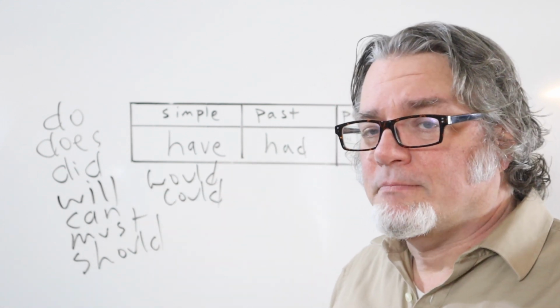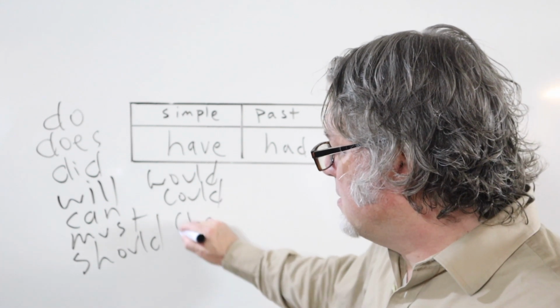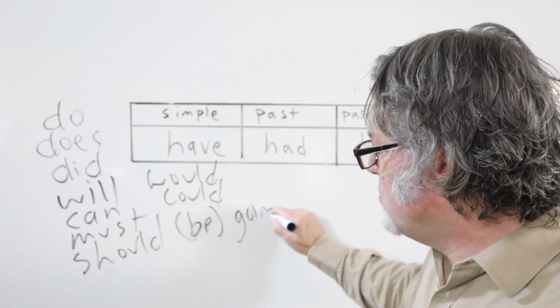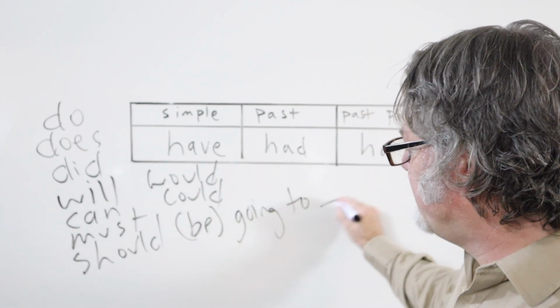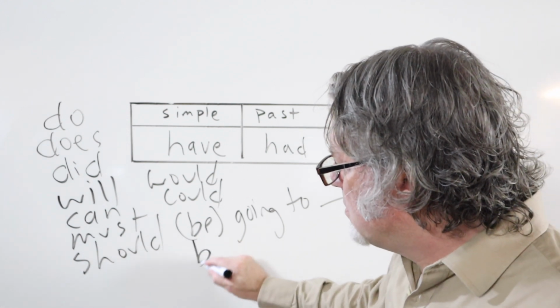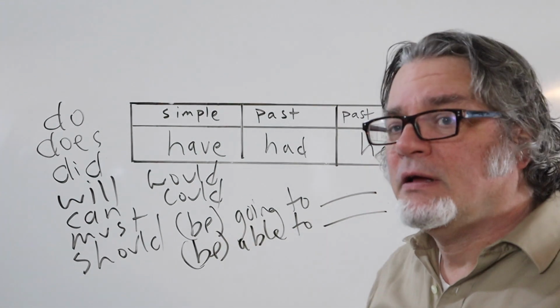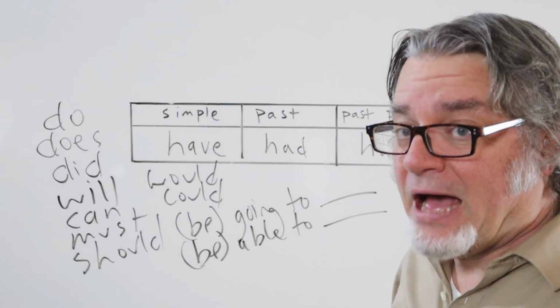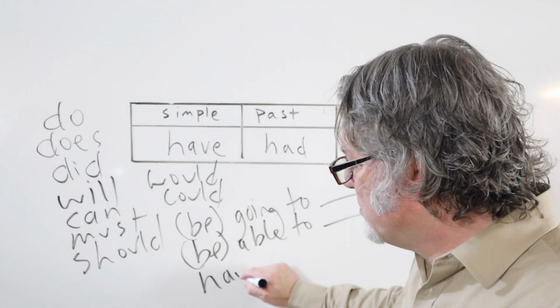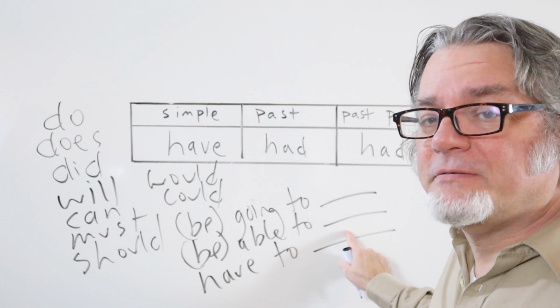There are the verb phrases like be going to in front of have, and be able to, and then have, and even have to, which is similar to must. Have to have.